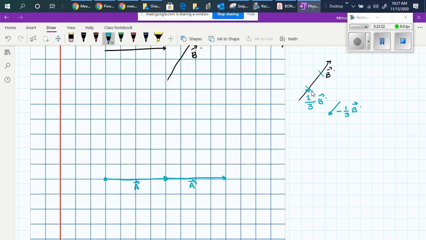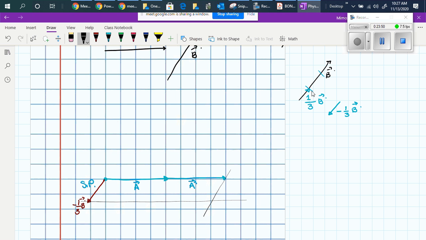Okay, so this is the starting point. At the same starting point, we enter the negative 1/3 B, which is this one here. Using those two sides, we construct the parallelogram.